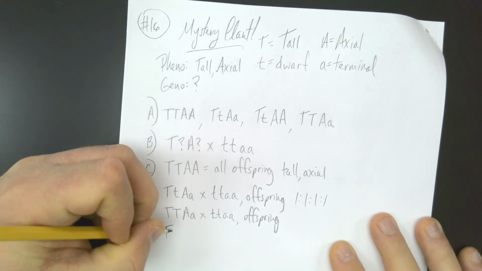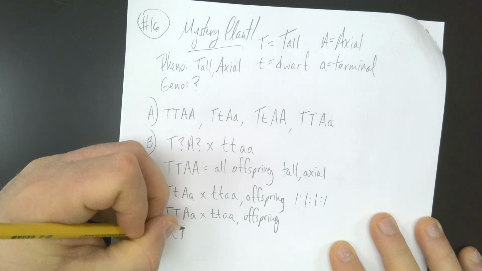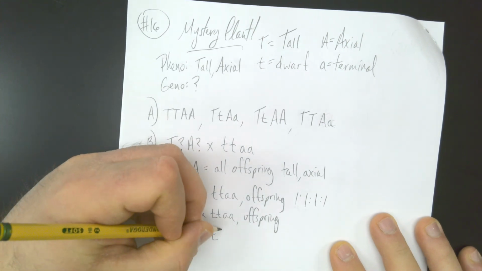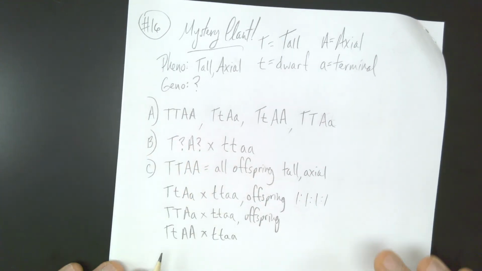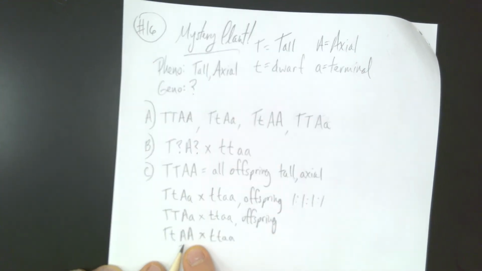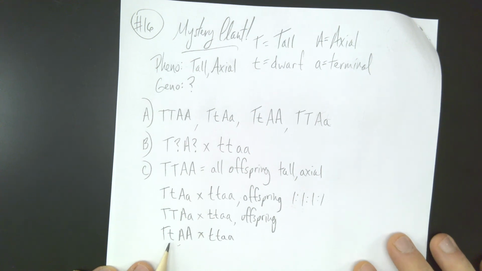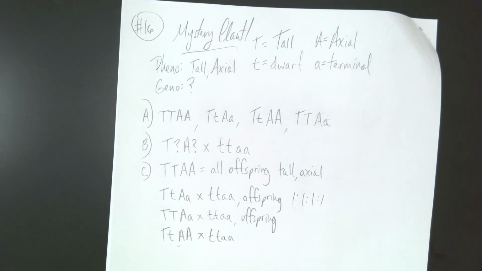And the last scenario was that it was heterozygous for height and homozygous dominant for flower position. We do our test cross. All of the offspring would have axial flowers. Half of them would be tall with axial flowers and half would be dwarf with axial flowers. So that's how we work through that.